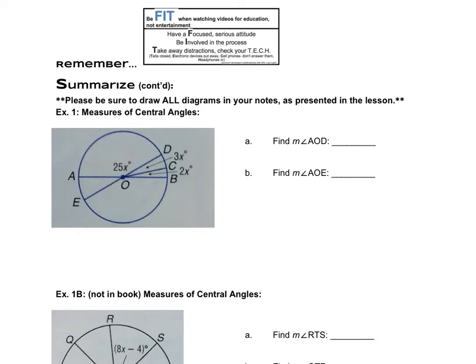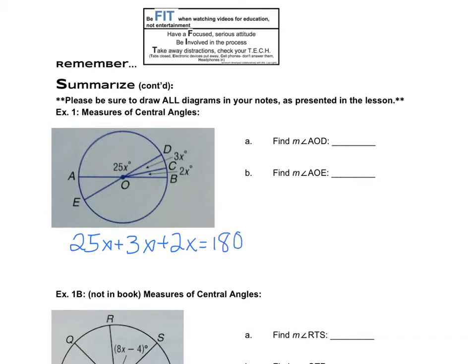So I hope that you can see this straight line right through the diameter here. Remember that any angles that are on a straight line are going to add up to our magic number 180. So if I take those three angles that make up that 180 degrees, we've got 25x plus 3x plus 2x has to equal 180.